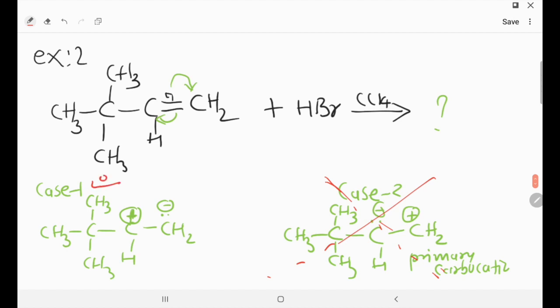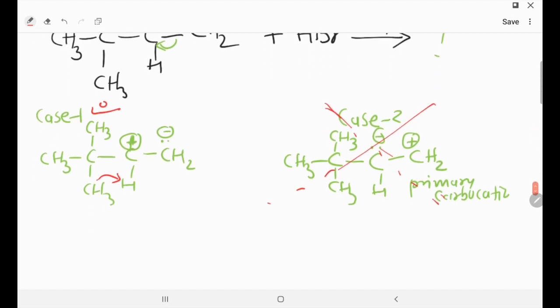Now in this case, you can check one thing. Is there still one more possibility to form a stable carbocation? Yes, suppose this methyl is shifted here. In that case you can show CH3, C, CH3, C, CH3, H, CH2 minus, and there will be a plus charge.